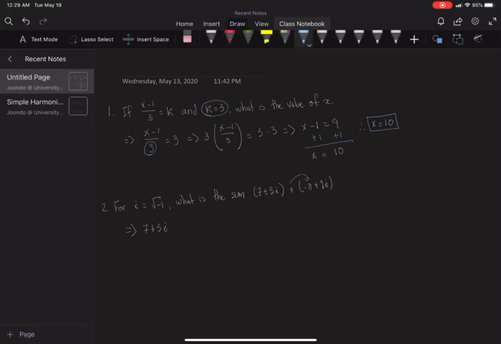If you distribute, we get minus 8 plus 9i. So we add the i's, and we add the non-i's. So 7 minus 8 is equal to negative 1. 3i plus 9i is plus 12i. And this is the answer.